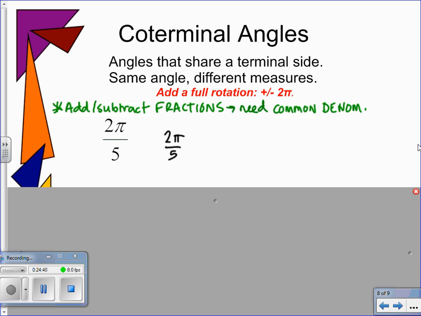Suppose I'm modeling 2 pi over 5. If I want to be the same angle but a different measure, my only option is to go all the way around my circle and right back where I was, right? And then I'd just be a different angle measure because I'd have an extra revolution. So we're just going to add or subtract the full revolution, which in radians is 2 pi. So let's add 2 pi to this.